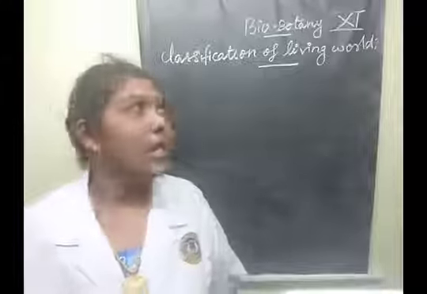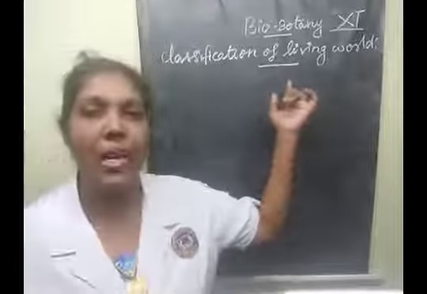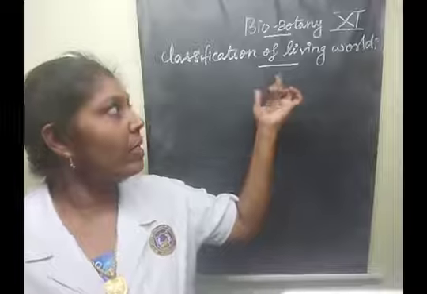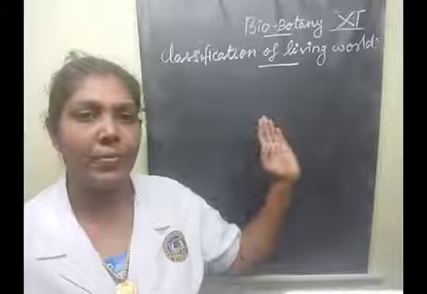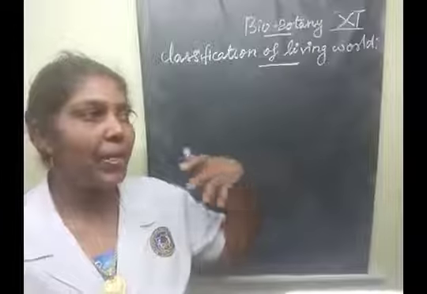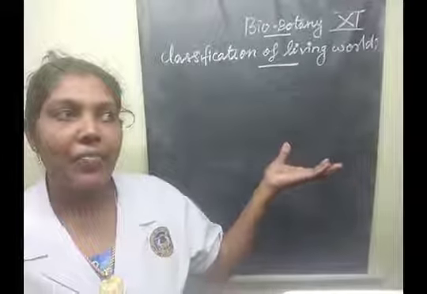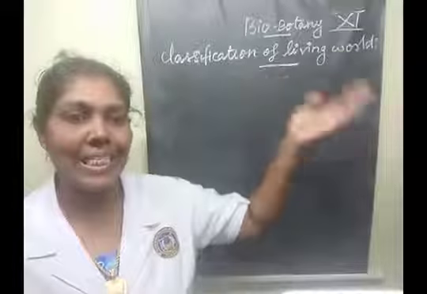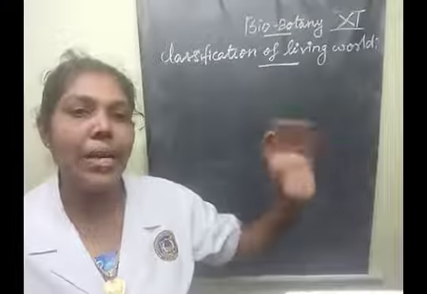Yes. Today's class, we are going to learn classification of the living world. In the living world, many organisms are there. Am I correct, children? If we go on a field trip to a hill station, we are visiting many things.